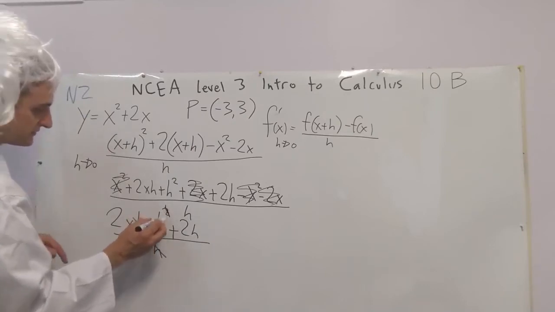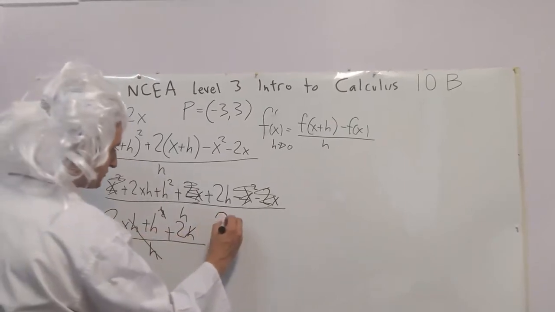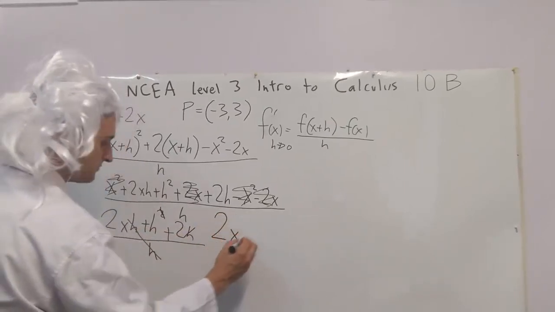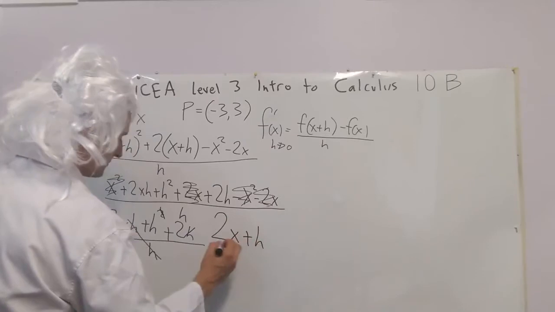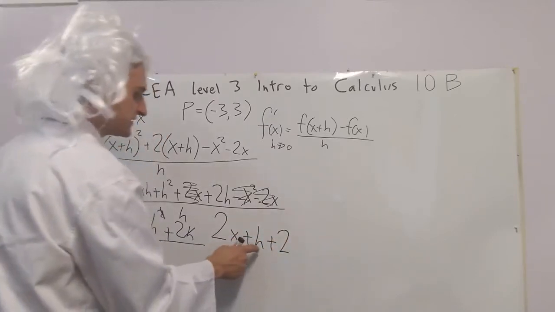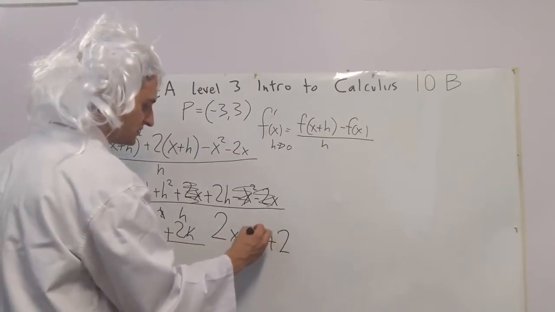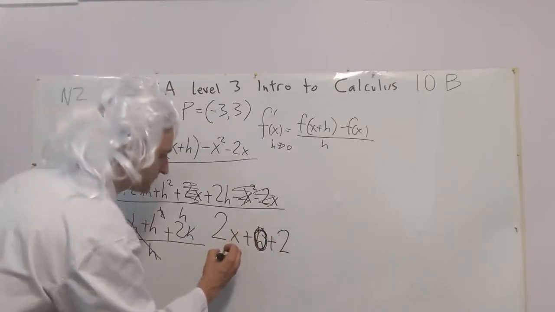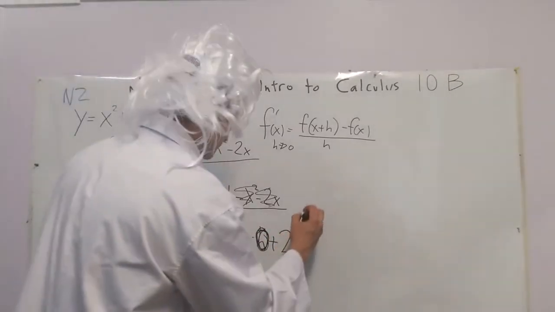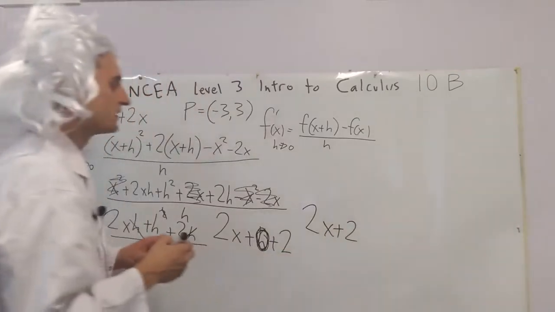This h squared becomes h, and this h cancels. So we're left with 2x plus h plus 2. Now as h approaches 0, we can just put a big 0 in there, and we'll get our derivative is 2x plus 2.